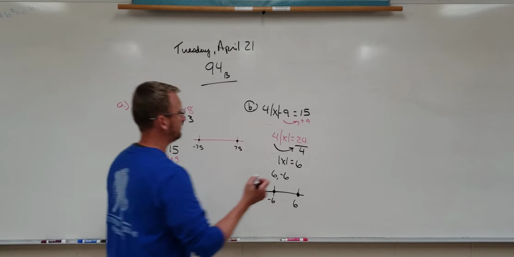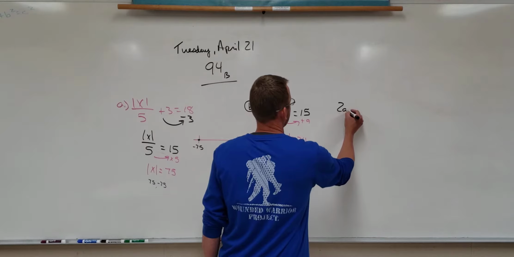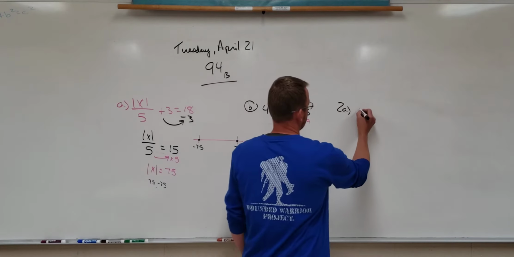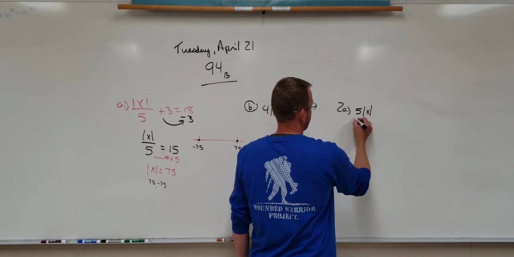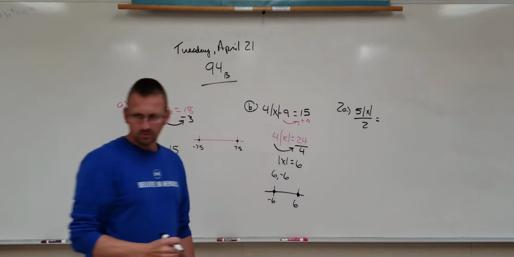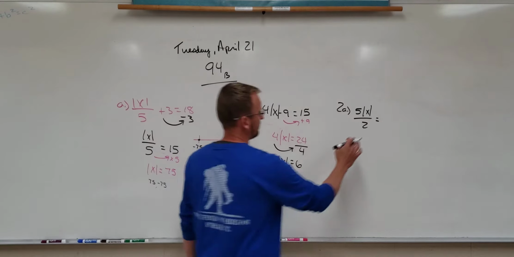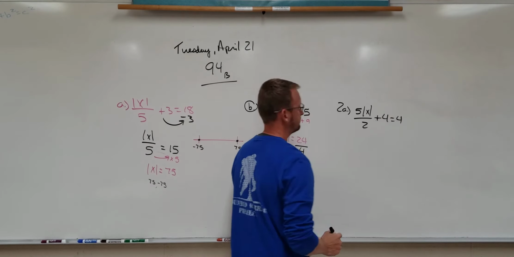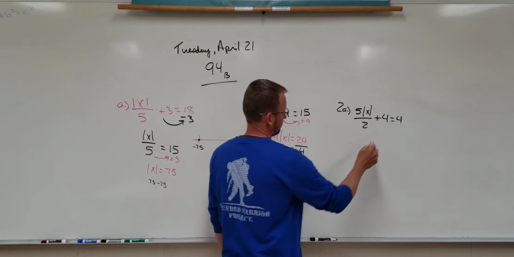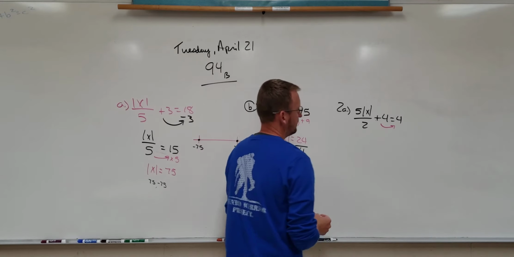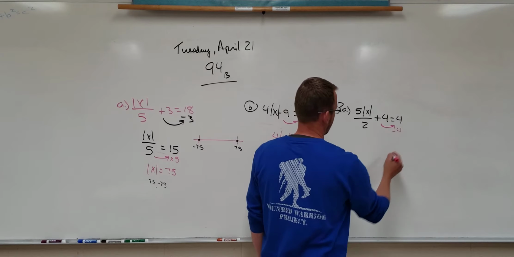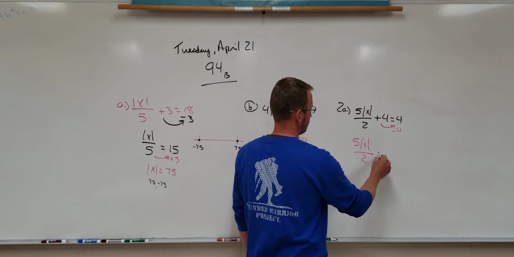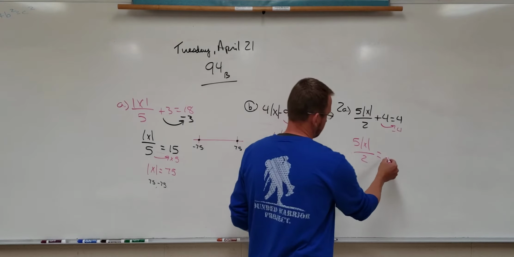Our next example, 2a. We have 5 times the absolute value of x over 2 plus 4 equals 4. First, take our positive 4 over and subtract. The absolute value of x over 2 equals 4 minus 4, 0.